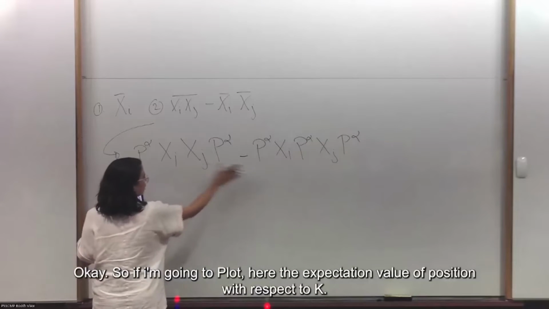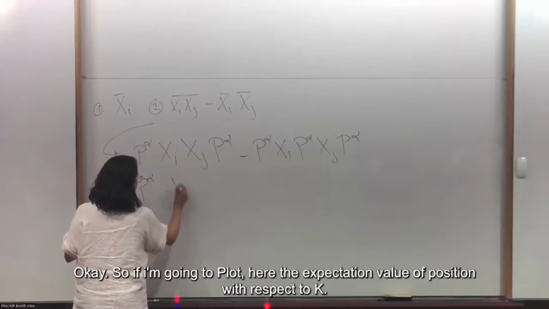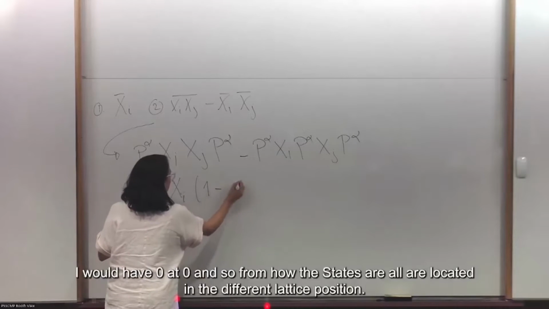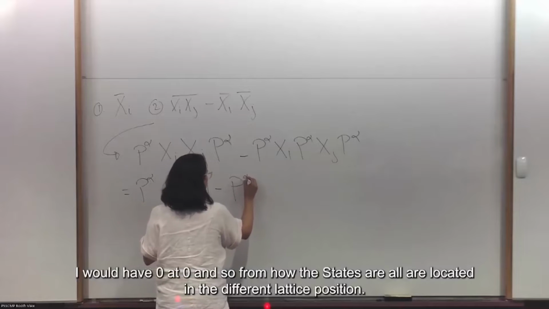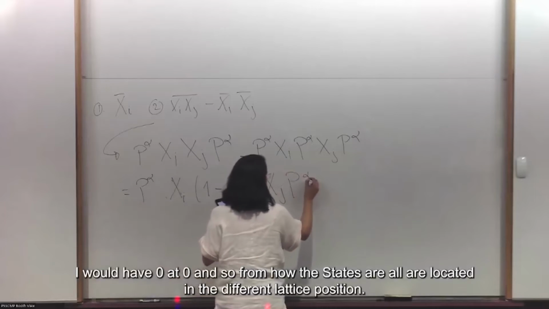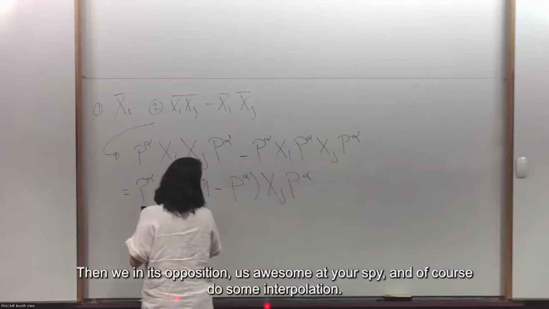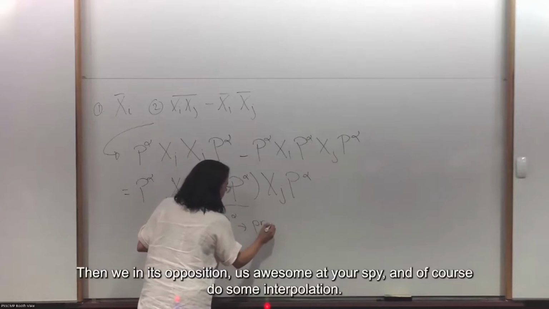If I just combine this, I have 1 minus P, alpha. This is basically the projector into the other bands.